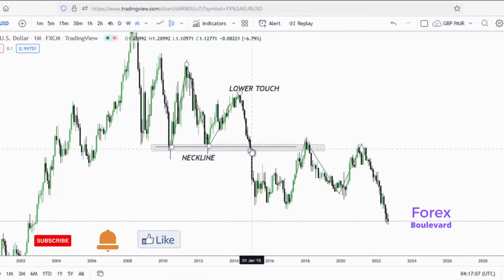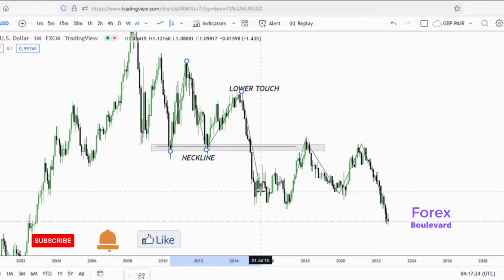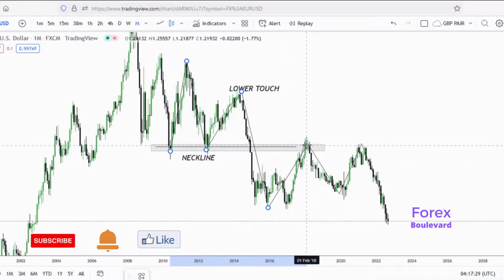So now this is what price did. I'm going to draw it out one more time. This is what price did. Came up, pushed to the upside, came down, pushed to the upside, came to the neckline, broke the neckline, and then it returned back to the neckline here.